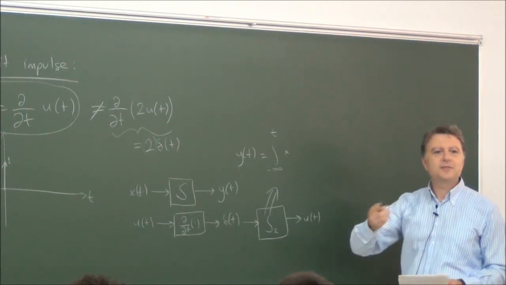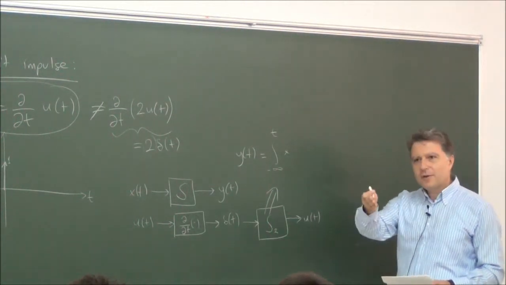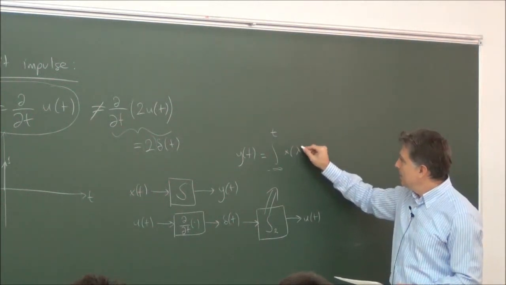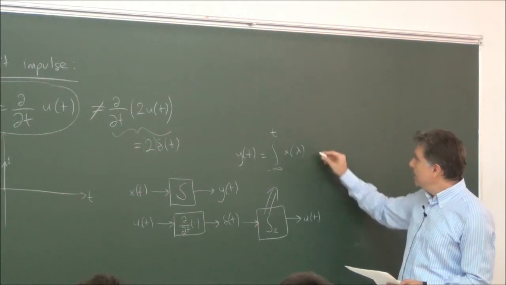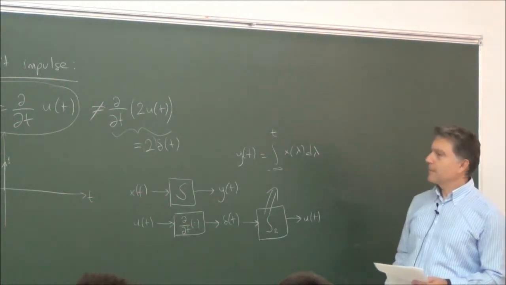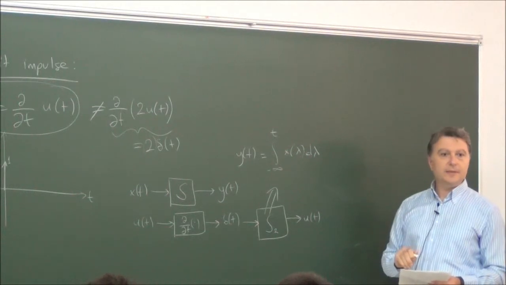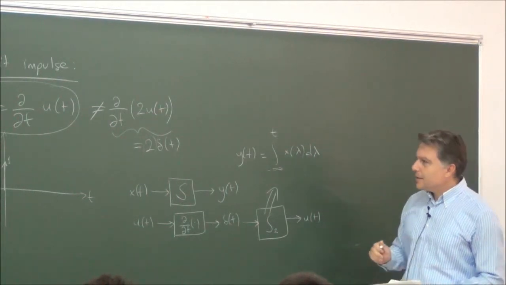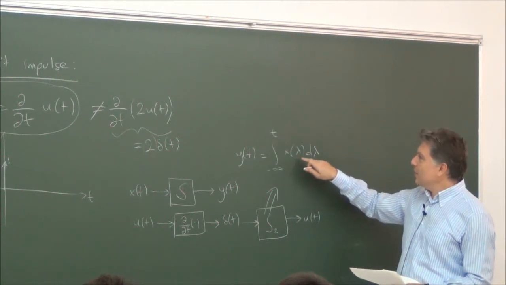We must give a different name to that. Okay, just a name. Lambda, for example. That's a good idea. Let's call it lambda, d lambda. So this thing then will be in terms of t. Does it really work? From minus infinity to t, x of lambda d lambda.